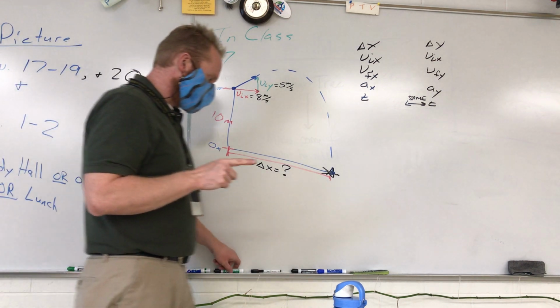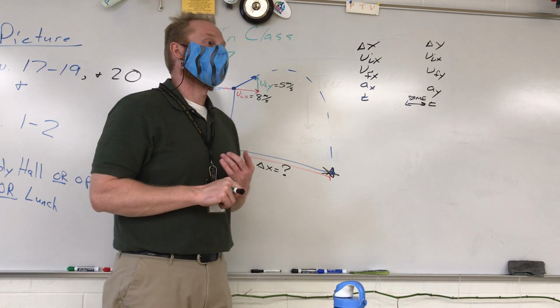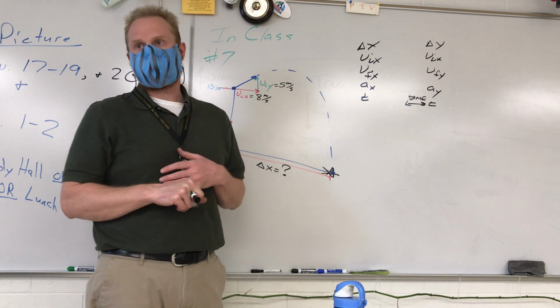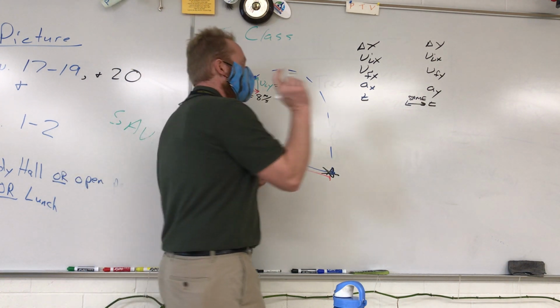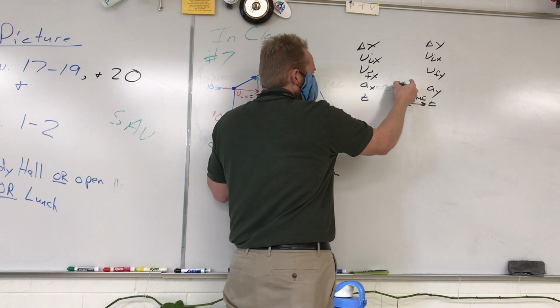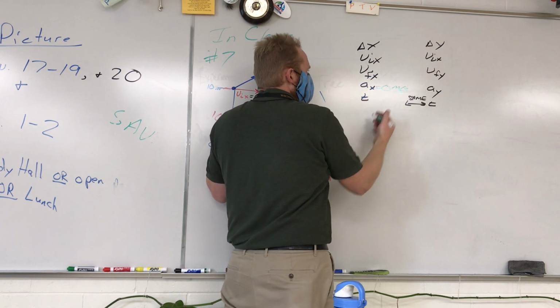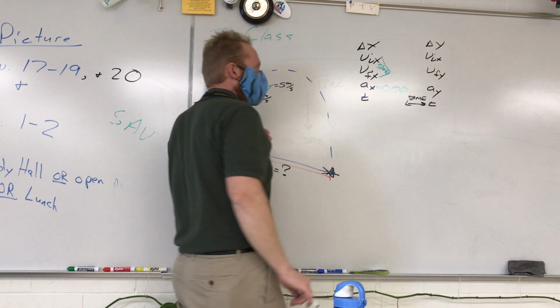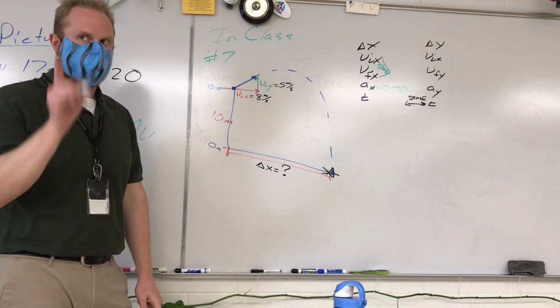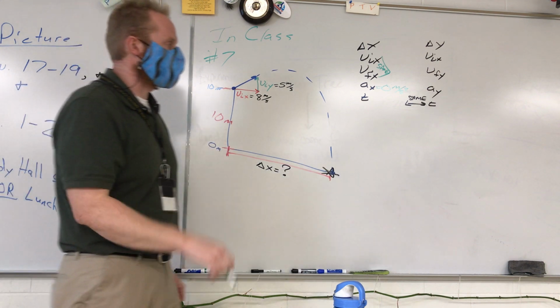Is it a projectile 2D motion problem? Is the object moving freely through the air in both the x and y directions simultaneously? Yes, right? So because of that, ax is equal to 0, which means these two are the same. My vix and my vfx are the same because my acceleration is 0, which means my velocities are constant.